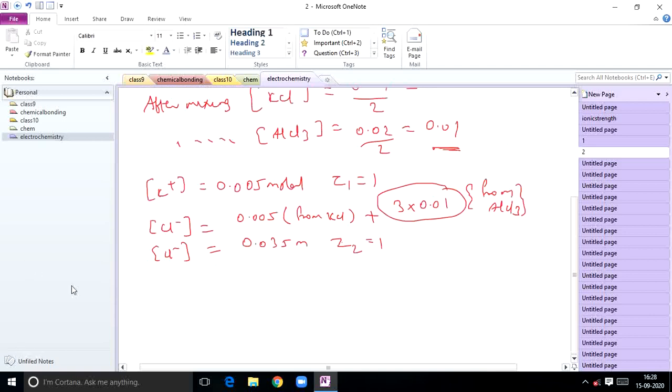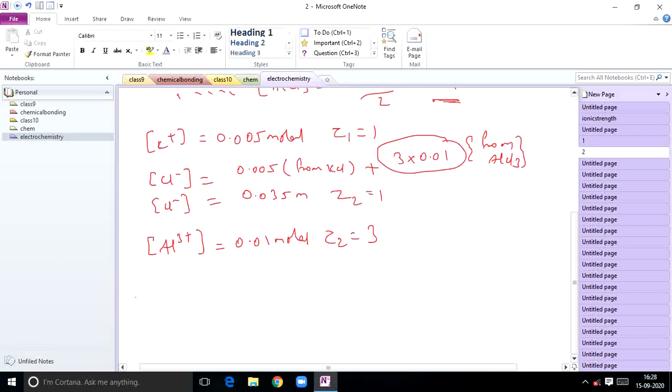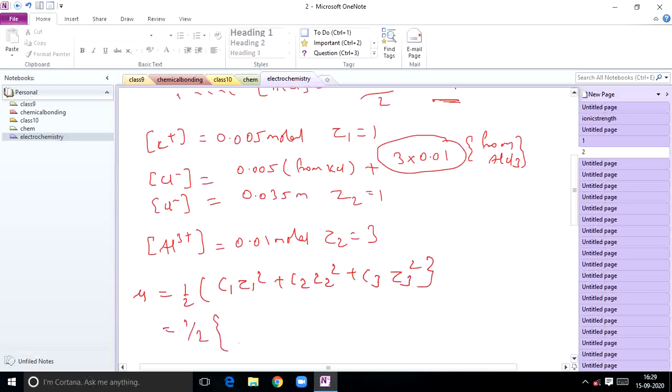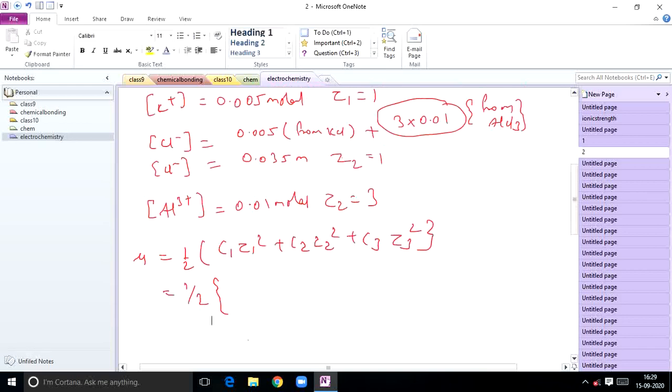Next, concentration of Al3+ is equal to how much? 0.01 you can take molal. So Z3 is equal to how much? Valency of Al3+ is 3. So you substitute here, ionic strength mu is equal to half into C1 Z1 square plus C2 Z2 square plus C3 Z3 square. So you can take anything, half into C1. Which one will we take?